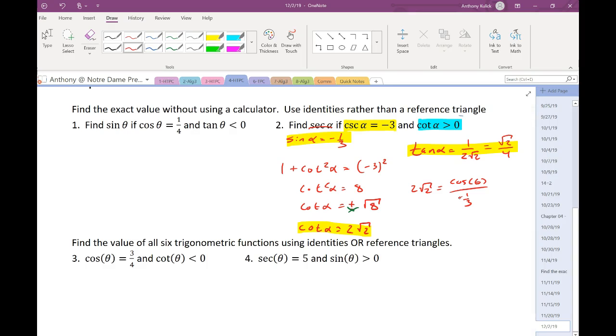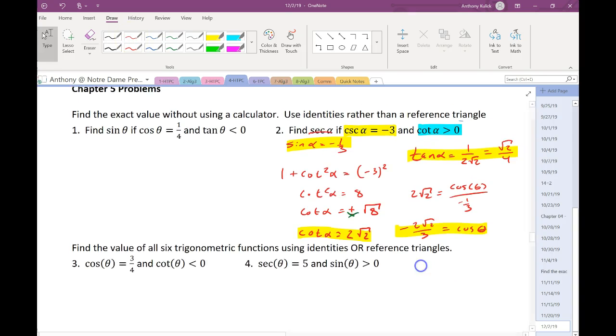Everybody okay there? If I multiply both sides by negative 1/3, got my answer for cosine. 5 down, 1 to go.